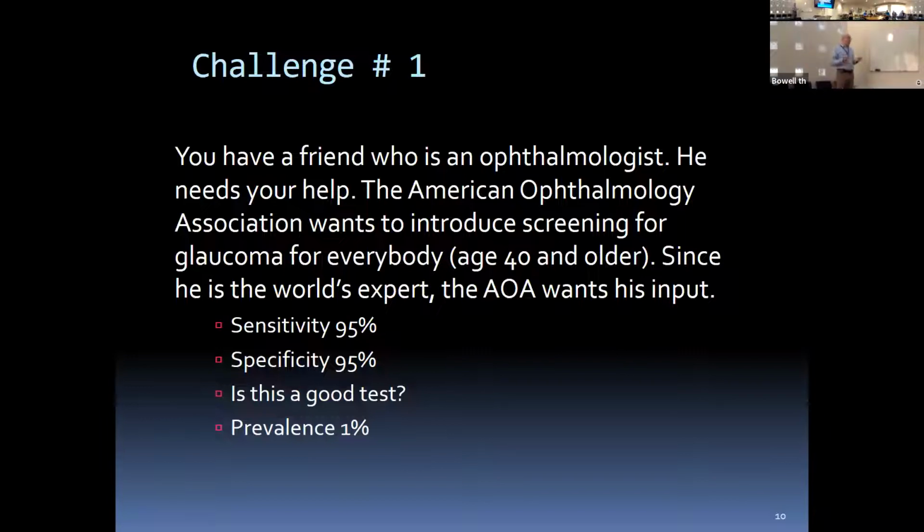Now, as you can see, the way to visualize this, if you have a question whether it's a good test or not, is to ask what the harms of the test are. The harms are always in two different pockets, here and there.